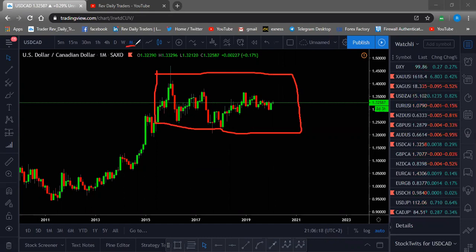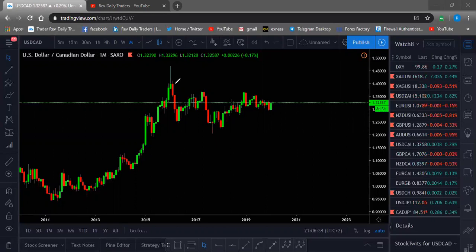Remember, we are on monthly. I said we start at monthly to analyze our chart. When you open a new chart, when you want to use our strategy, you go to monthly, then you'll follow up as time goes. I'm done showing you how we trade on Rev Daily Traders, okay?